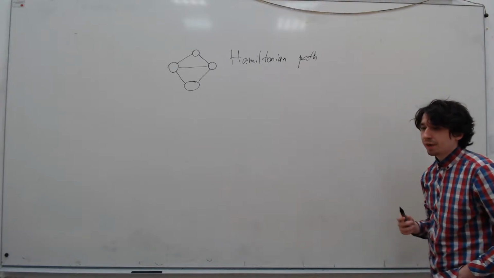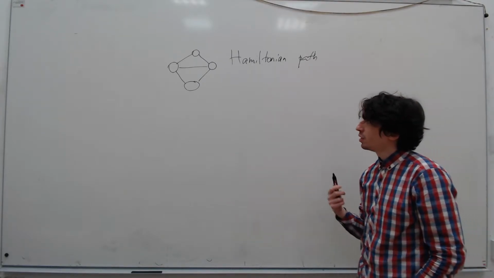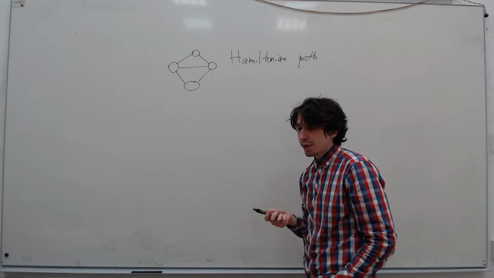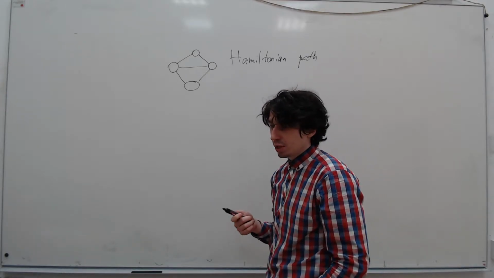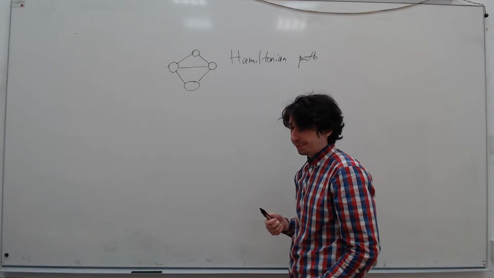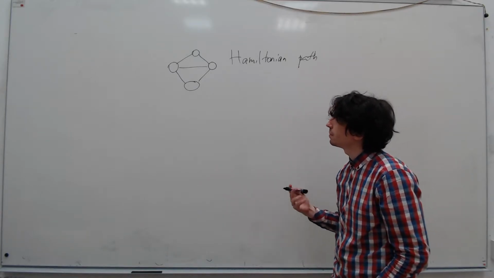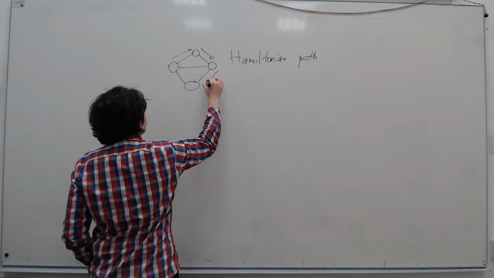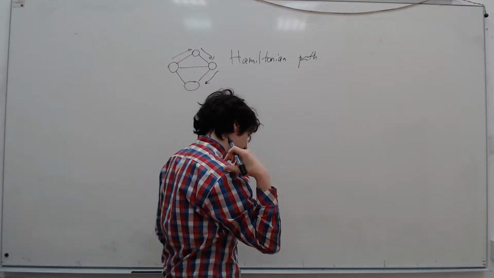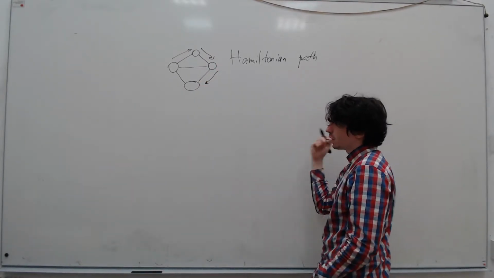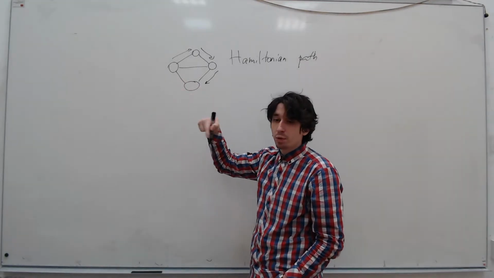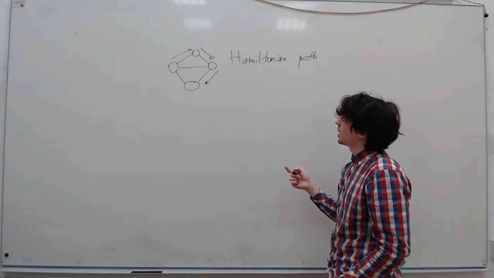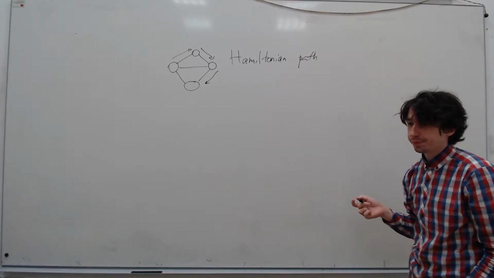A Hamiltonian path is a path on a graph that visits each node only once. For example, here we can go here, here, and here, and we stop here. If we want to start at one vertex and end at the same vertex, then it is a Hamiltonian cycle.